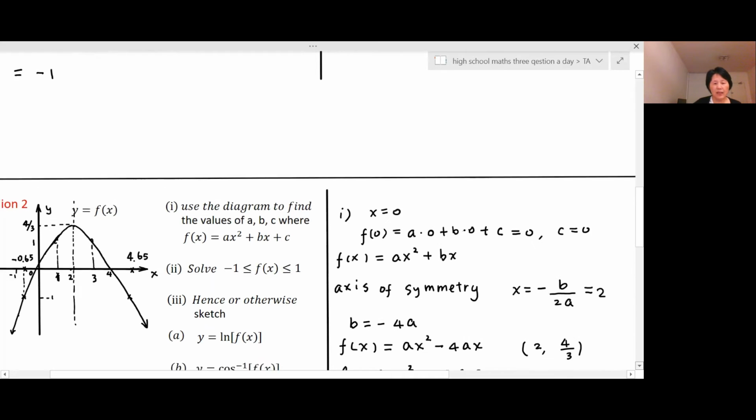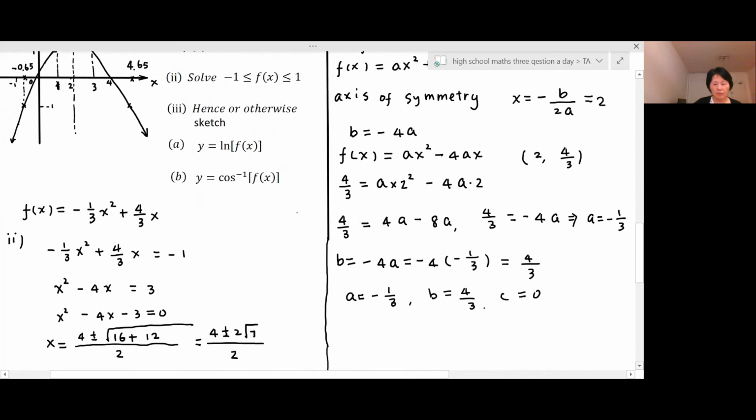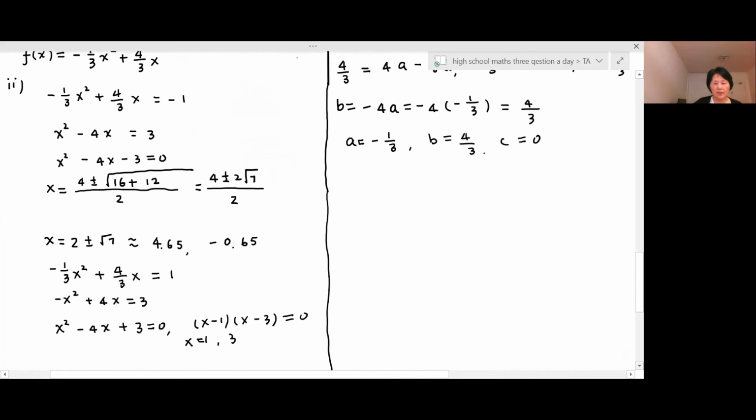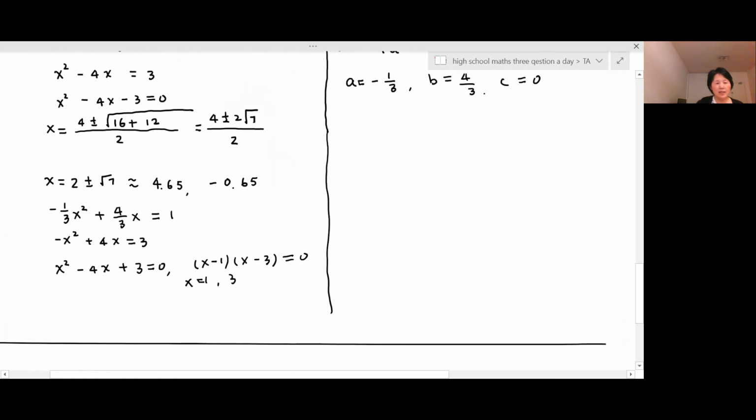Okay, I can just write, so this is the final answer. x will be less than or equal to 1 and larger than or equal to minus 0.65. Another one, x will be less than or equal to 4.65 and larger than or equal to 3.